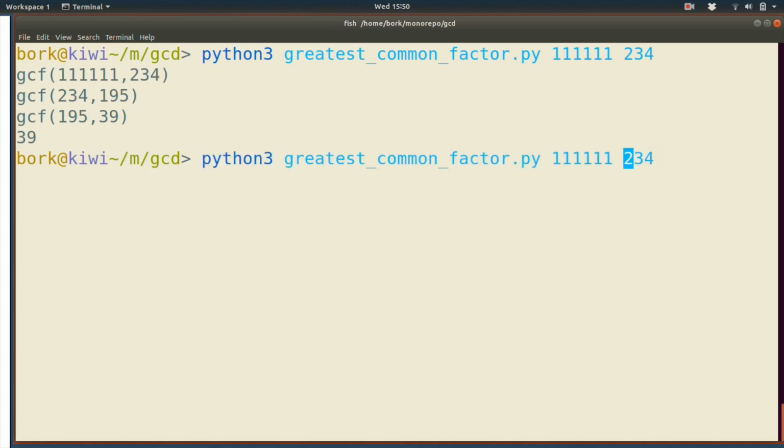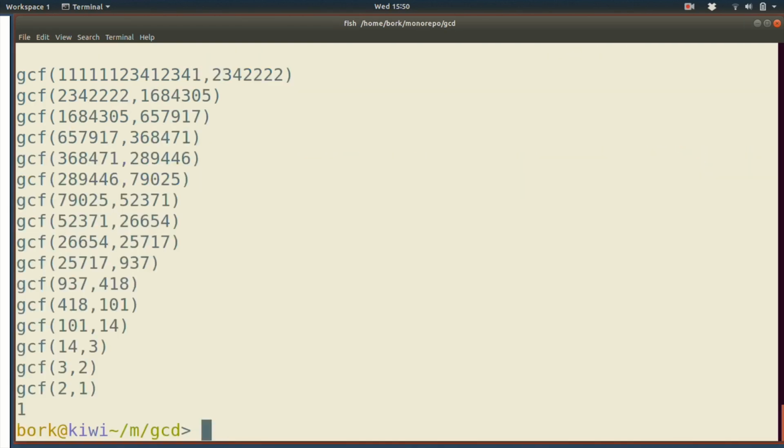So even if I have super big numbers, like I don't even know. It runs pretty quickly and doesn't need to do that many steps, which I think is really nice. And it turns out that these two numbers don't have any common factors. The greatest common factor is 1.